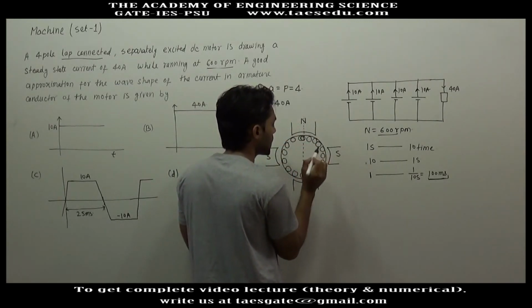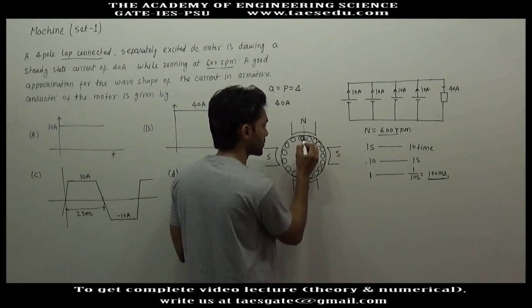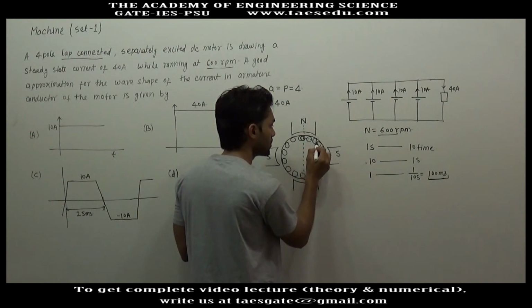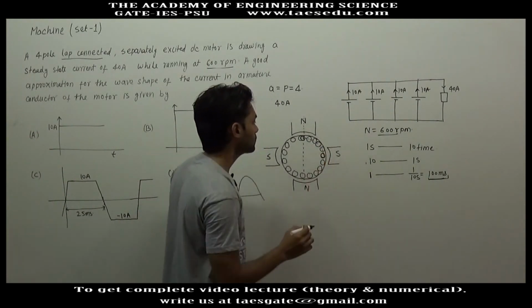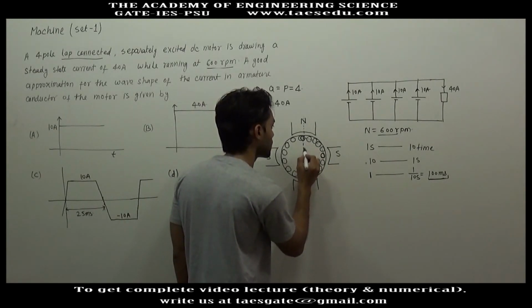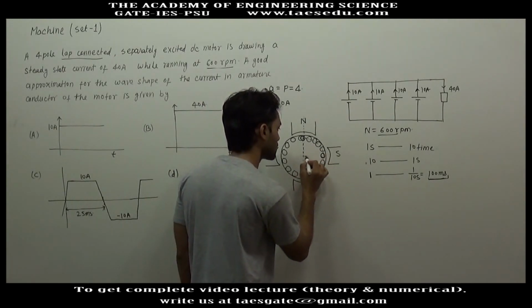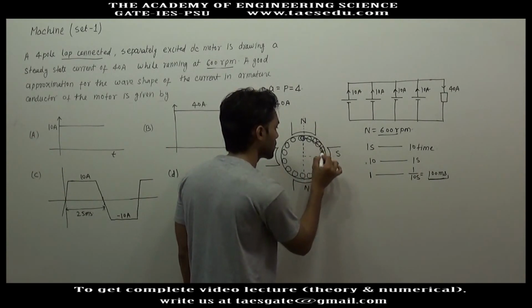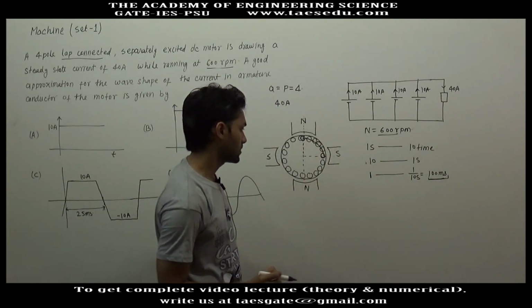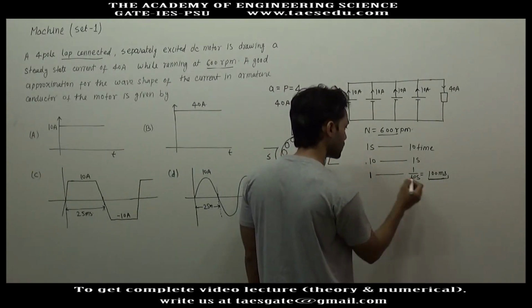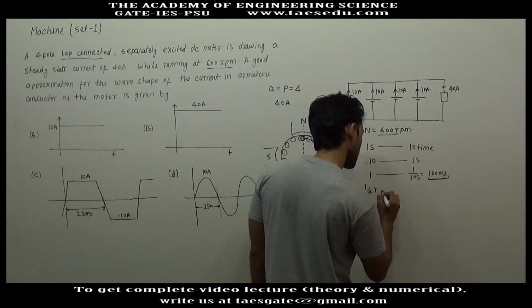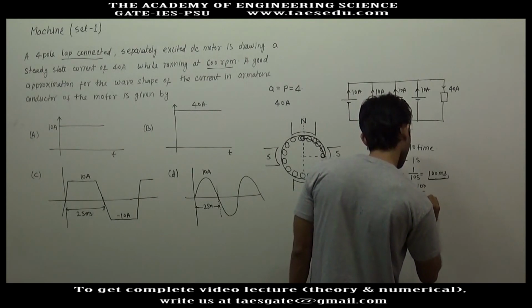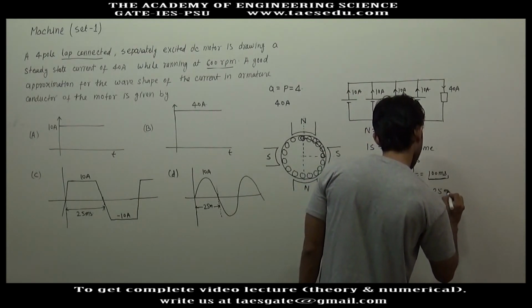What will be the time taken by this conductor to get into the complete influence of south pole? If this conductor moves into the influence of south pole, this is 1/4 rotation. In one complete rotation it takes 100 millisecond, so in 1/4 rotation it will take 100 by 4, 25 millisecond.